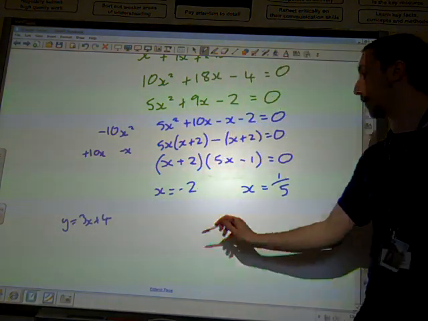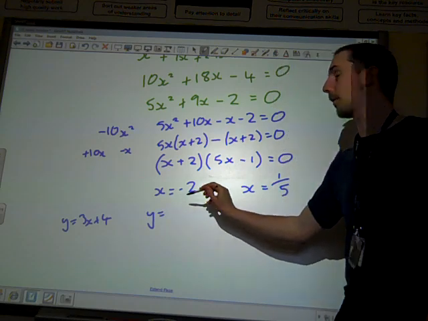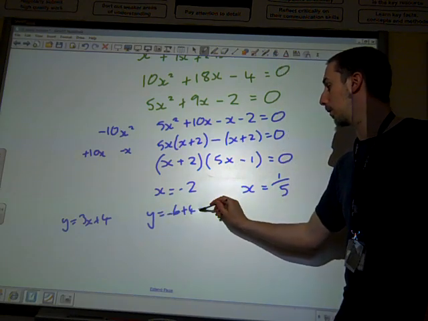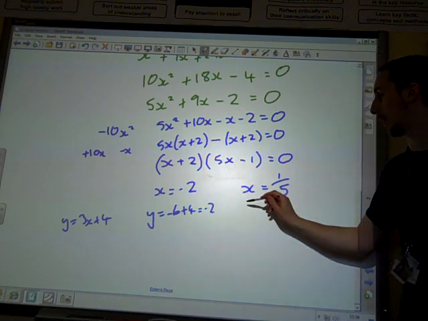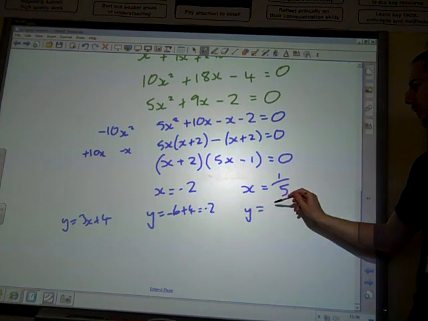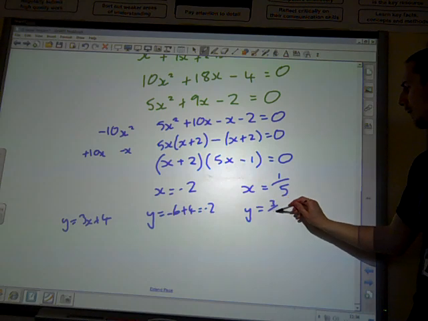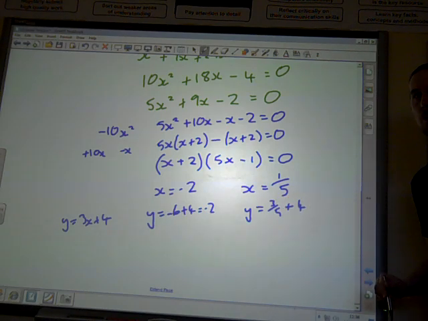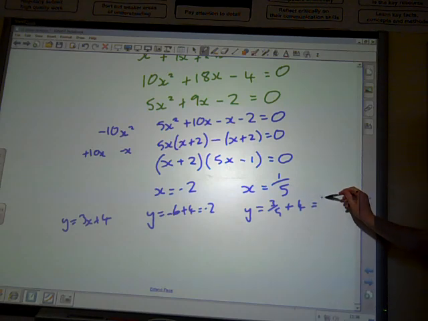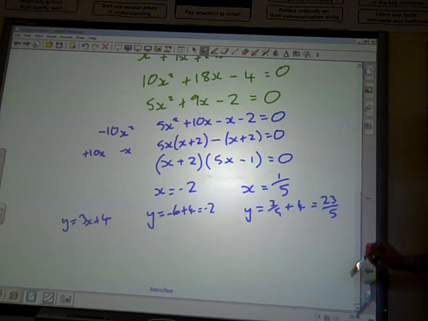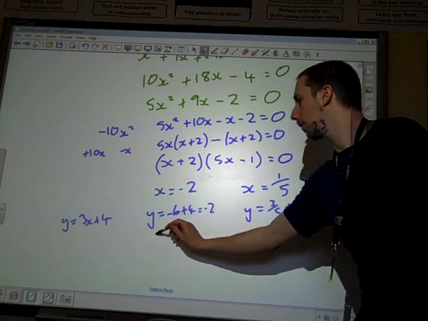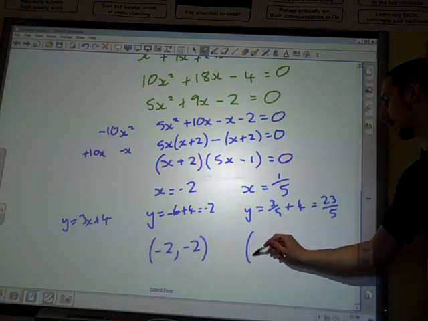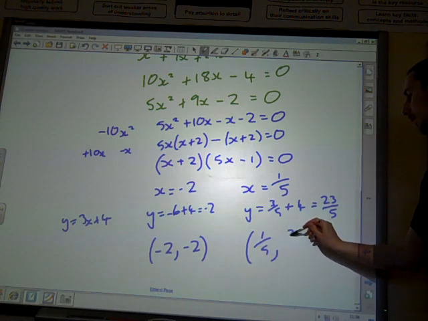Sub in those values, so y is minus 6 plus 4, which is minus 2, and this one, y equals 3/5 plus 4, which would be 23/5. And so we've got the points minus 2, minus 2, and 1 over 5, 23 over 5.